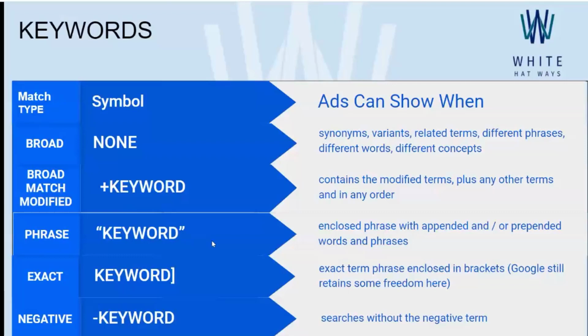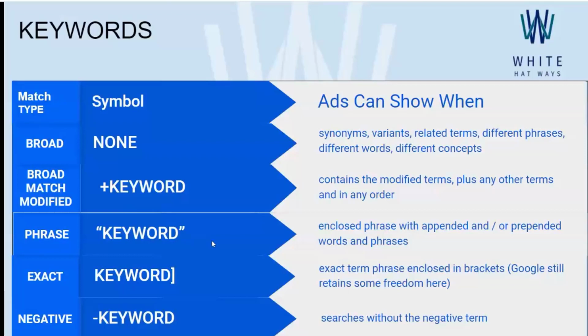Now what does phrase match imply? Let's say, I'll just explain it to you with an example. Let's say I have put learn digital marketing in quotes, and this is my keyword. So that is a phrase match keyword that I have put.